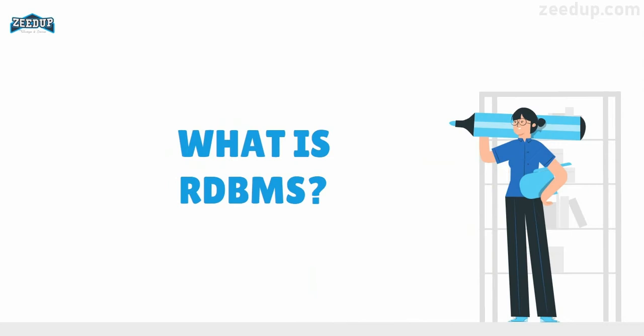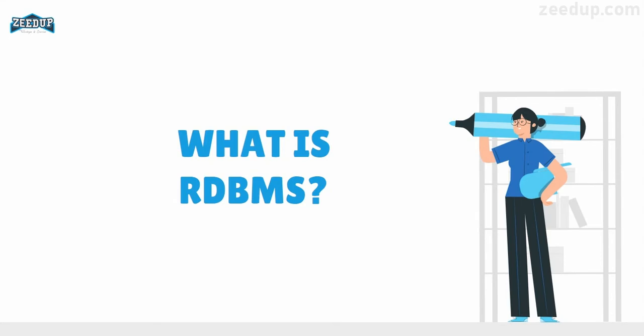So first of all, what is RDBMS? RDBMS stands for Relational Database Management System. So it is a management system through which we can manage, manipulate, or work with relational databases. Now, what is a relational database? We know that a database where the tables are connected with one another through some relations is known as a relational database, right?